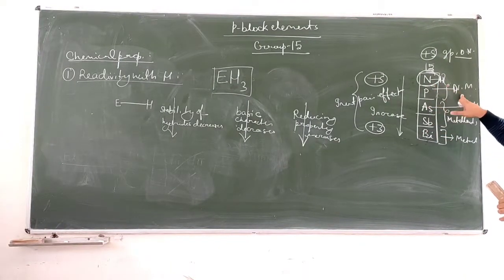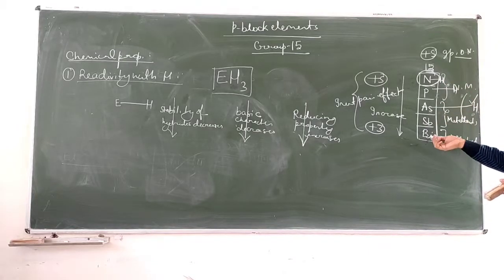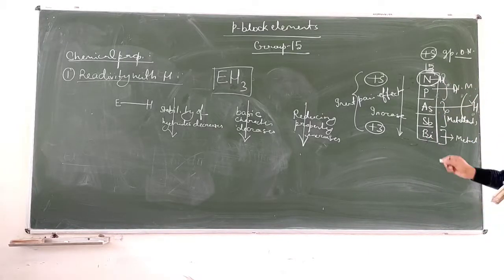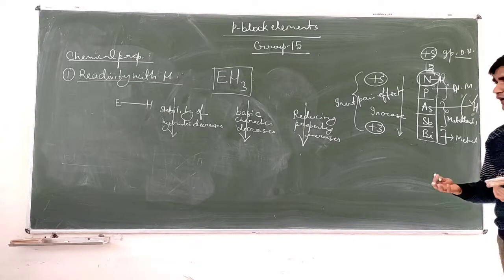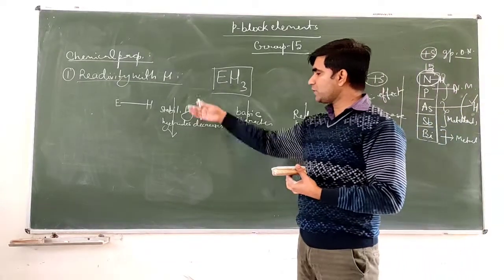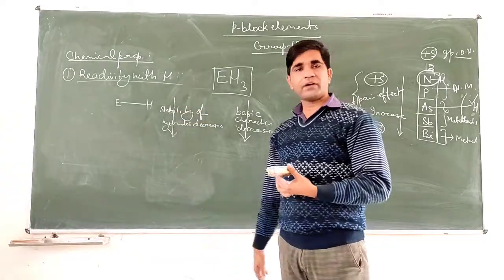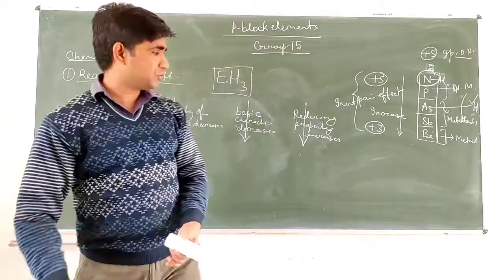If bond length is more, the bond is weaker and can be broken easily. It can release hydrogen easily. Bismuth can release hydrogen most easily among all these elements, so this is the strongest reducing agent. Reducing character regularly increases, and thermal stability of hydride regularly decreases on moving down.